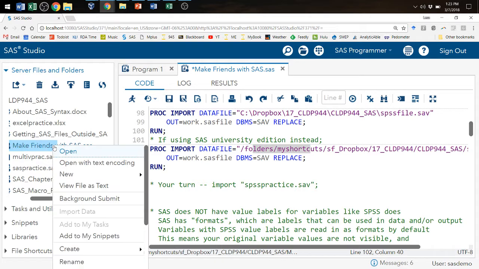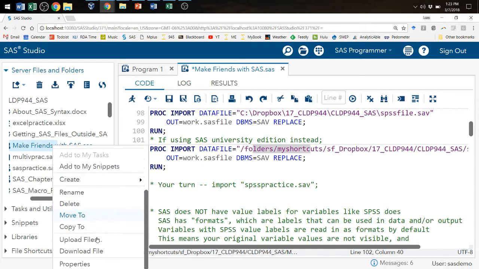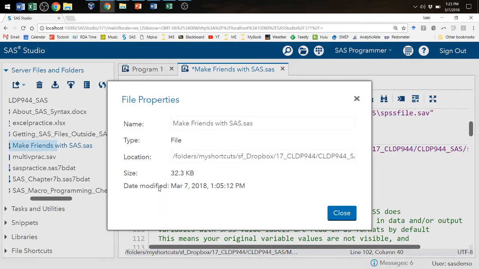So I right-clicked on the file and saw an option for properties, and under properties, it tells you what it thinks the link is called. That's where I figured out that I had to add this SF thing. So use the Explorer tab to navigate to where your stuff is and then figure out what it thinks it's called in there. That should hopefully get you to the right place.